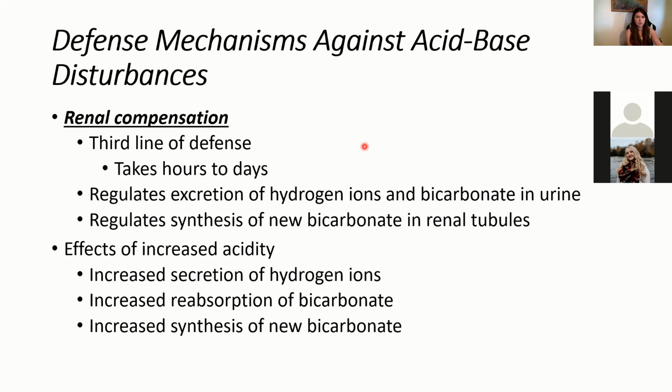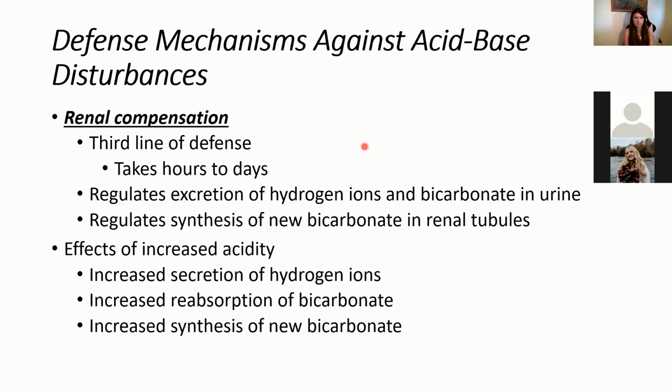Okay, so in states of acidosis, we're going to see increased secretion of hydrogen ions. So if you have too much hydrogen in your blood, so your blood is too acidic, we're going to secrete hydrogen ions into the renal tubules and therefore into the urine.